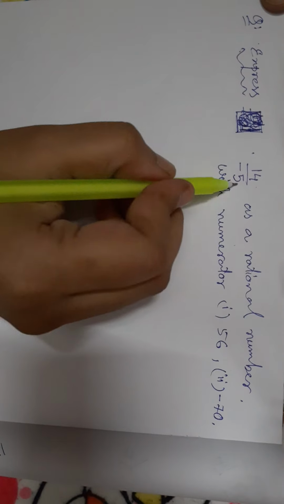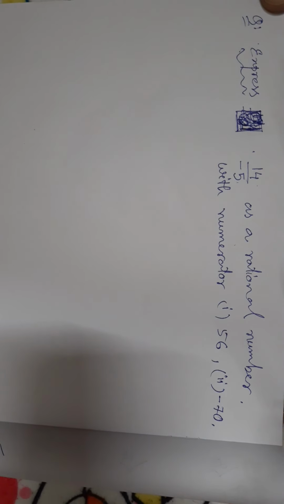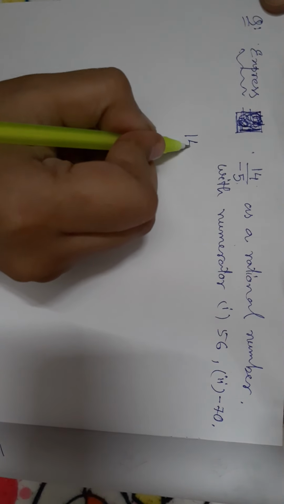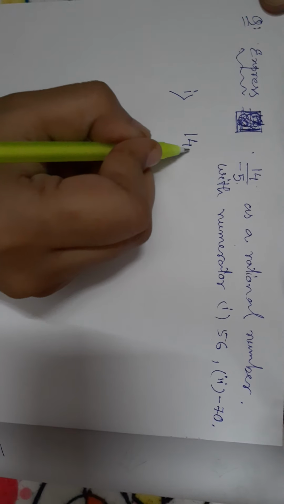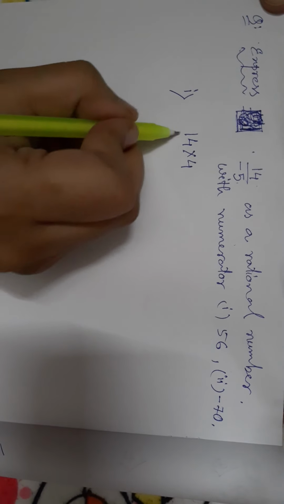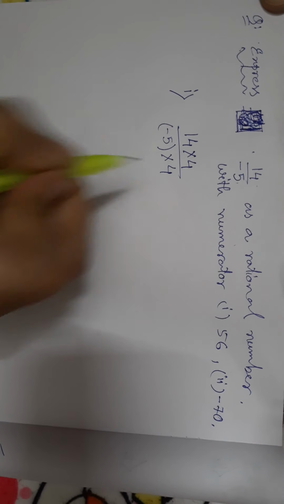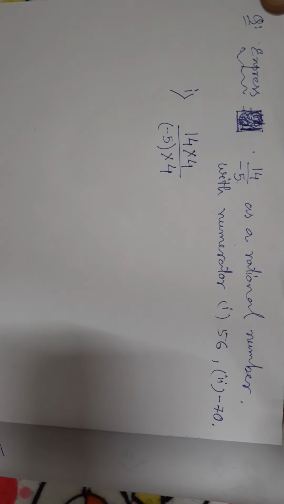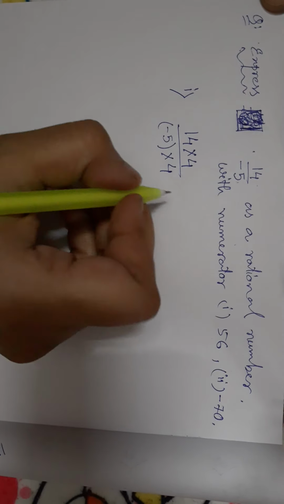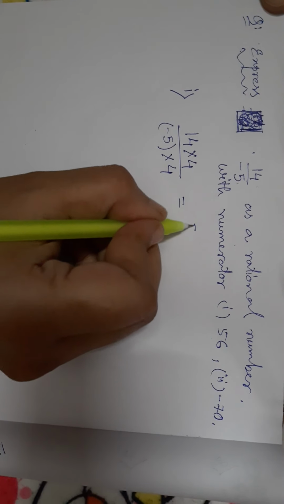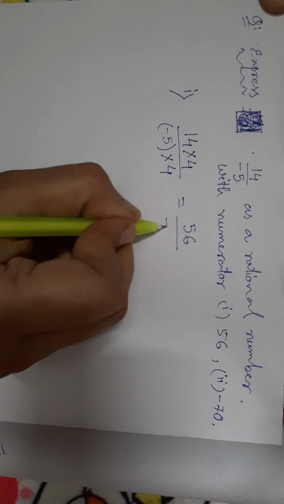So to make this numerator 14 into 56, we have to multiply 14 by 4. If you multiply 14 by 4, you have to multiply the denominator minus 5 also by 4. So it will become 56 by minus 20.